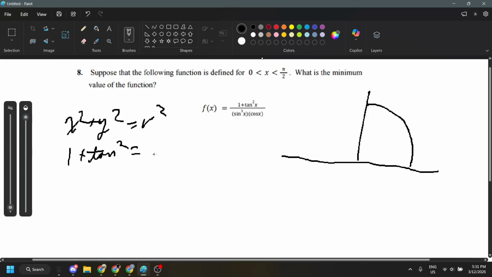The x one is secant, because it's the opposite. So this is secant squared of x, and we can rewrite it as secant squared of x.